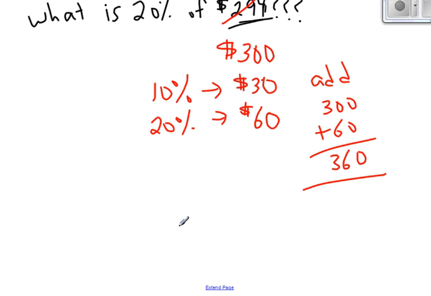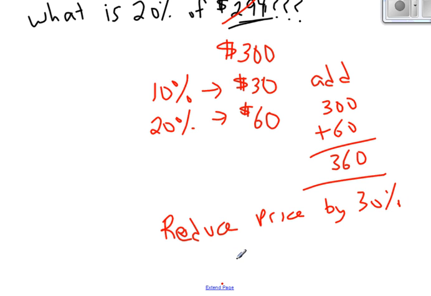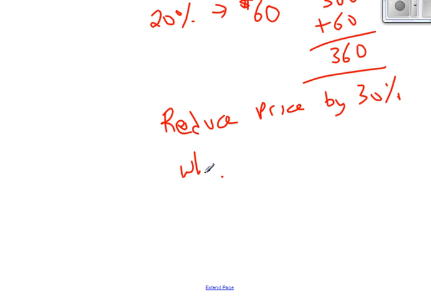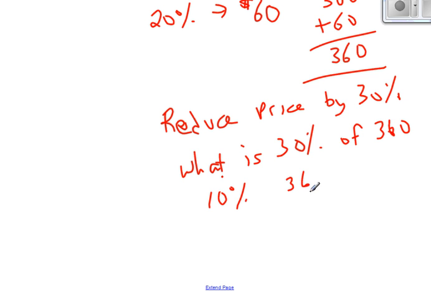Now we need to reduce the price by 30%. Again, the first step is, what is 30% of 360? Well, 10% is 36. So 20%, multiply this by 2. 36 times 2 is 72.